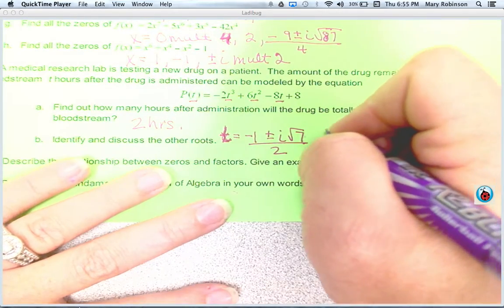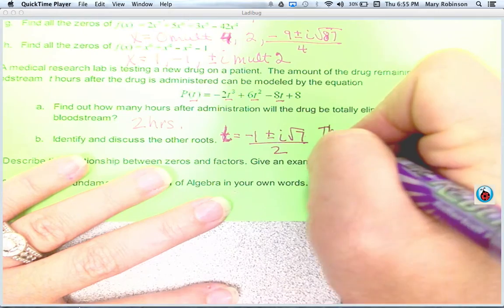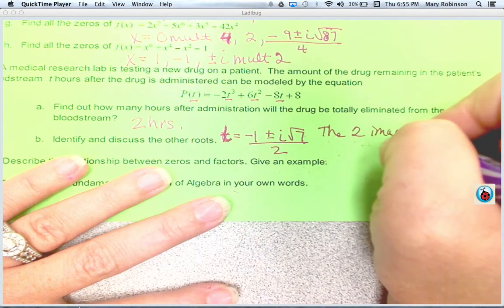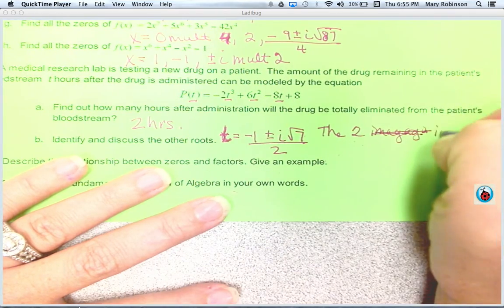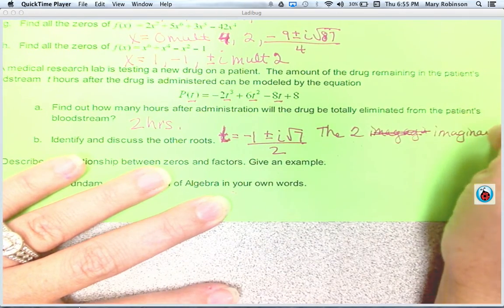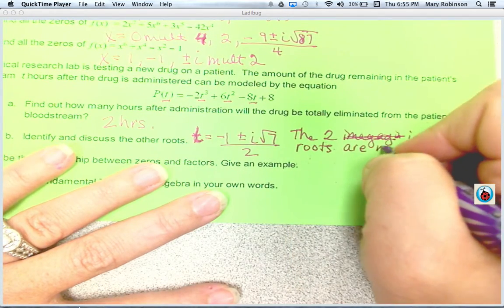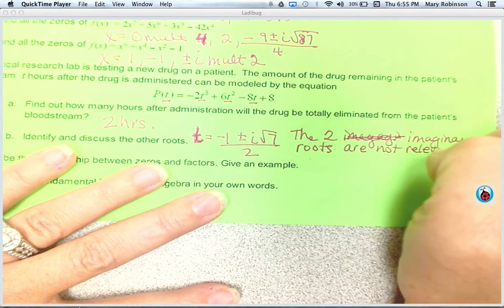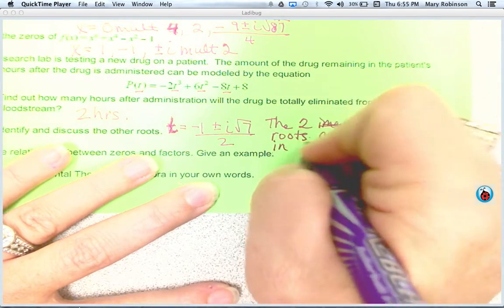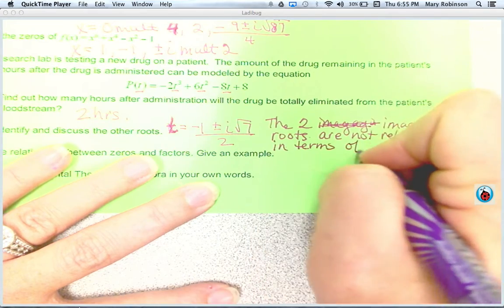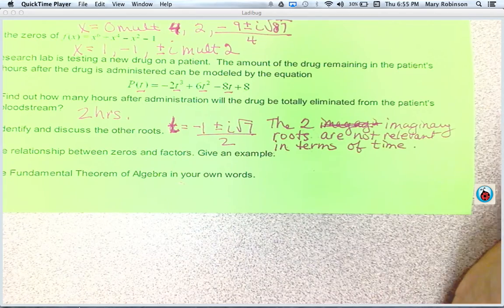So in terms of discussing the other roots, the 2 imaginary roots, they are just simply not relevant in terms of time, or they're not relevant for this particular polynomial model.